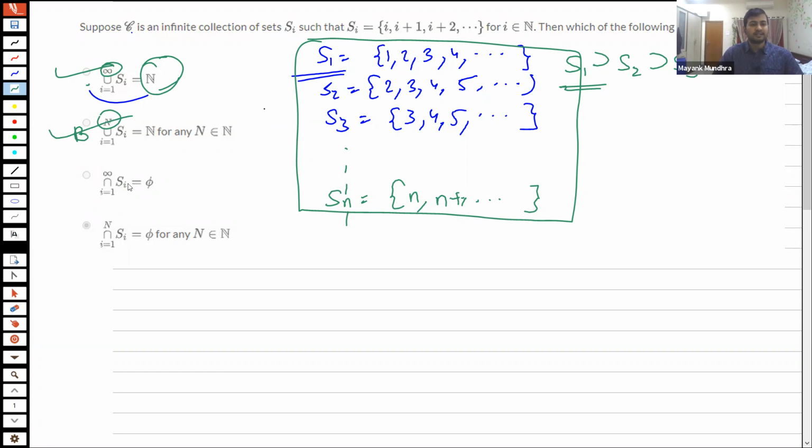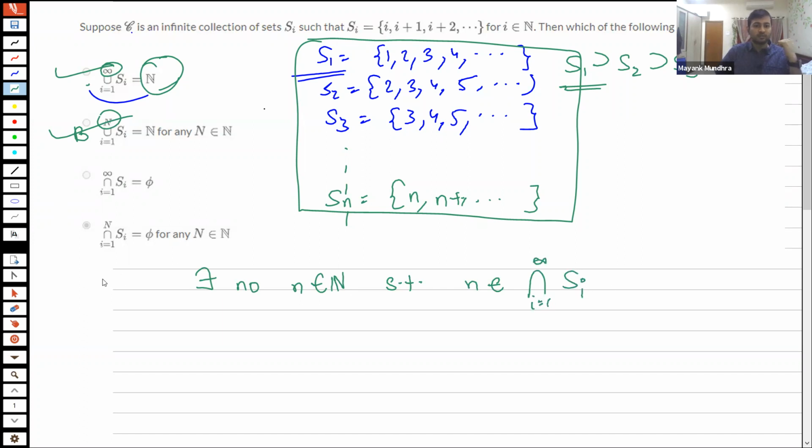Now, when you take the intersection of all these sets, the C part, I'm finding an element which is common to all these sets. There is going to be no number; there exists no natural number n such that n belongs to the infinite intersection of the S_i sets.